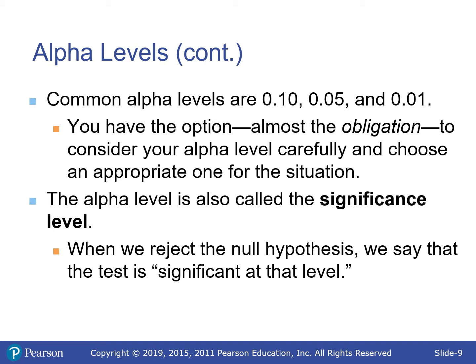So the common alpha levels are 0.1, 0.05, and 0.01. And you have the option to consider your alpha level carefully and choose an appropriate one for the situation. Generally speaking, that 0.05 is kind of the standard alpha level. Depending on the situation, depending on how much evidence we need to change people's thought. Like if this is a deeply held belief, we might need a 0.01 alpha level.